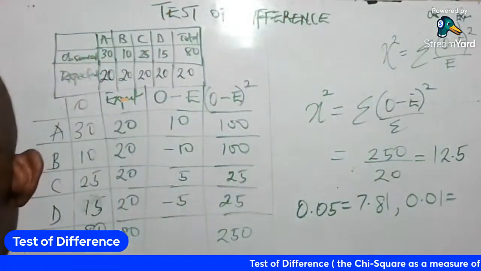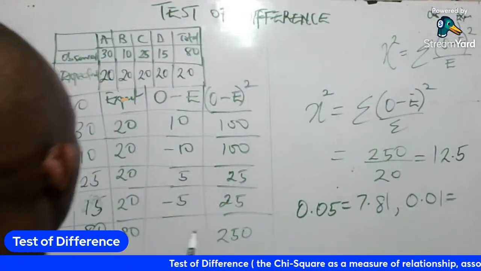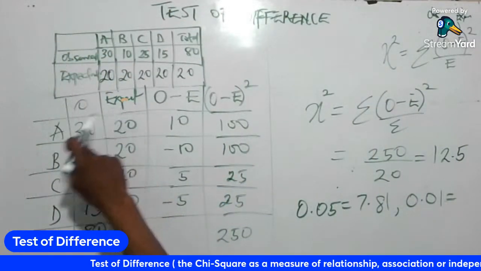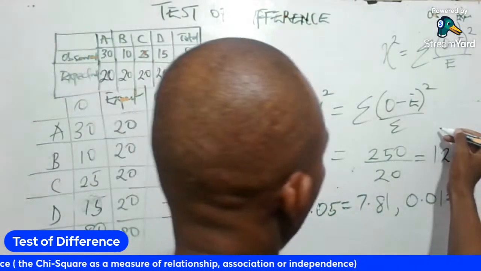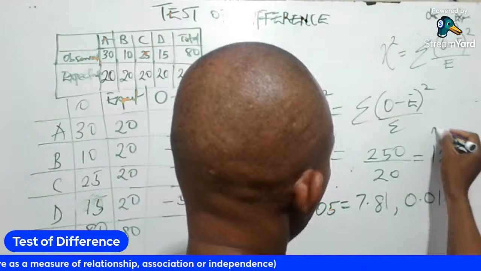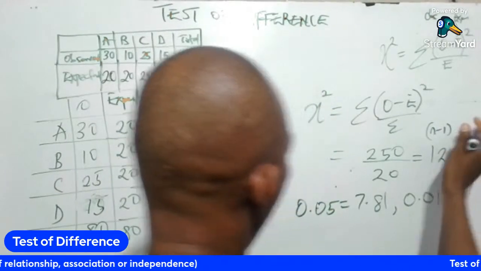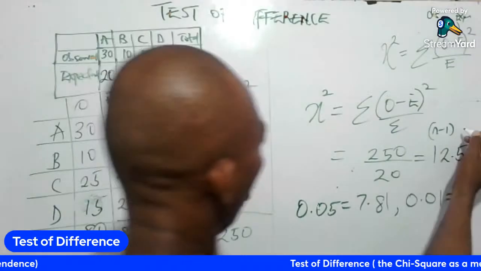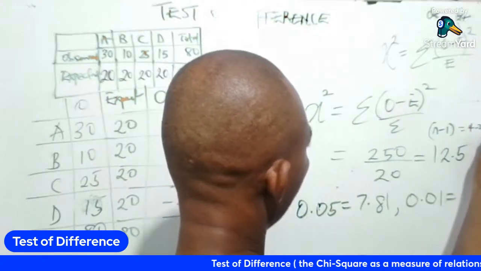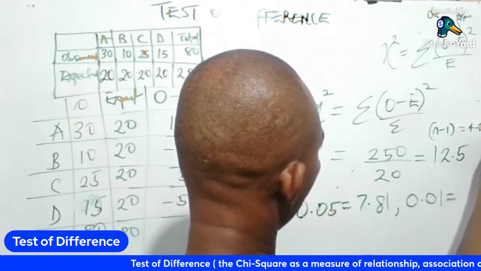You need to get your degree of freedom. So how many are we observing? That is just 1, 2, 3, 4. So your degree of freedom at this point will be n minus 1. So 4 minus 1 will give me 3.